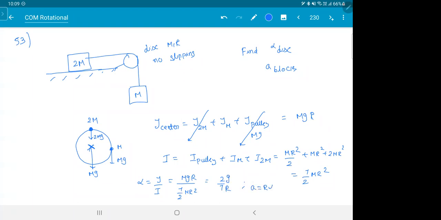Acceleration is r alpha, which is 2g by 7. So the blocks are going with 2g by 7, not g by 3. The catch here is that 2m is not generating any torque. Its contribution to torque is 0. It's neither pulling nor opposing.